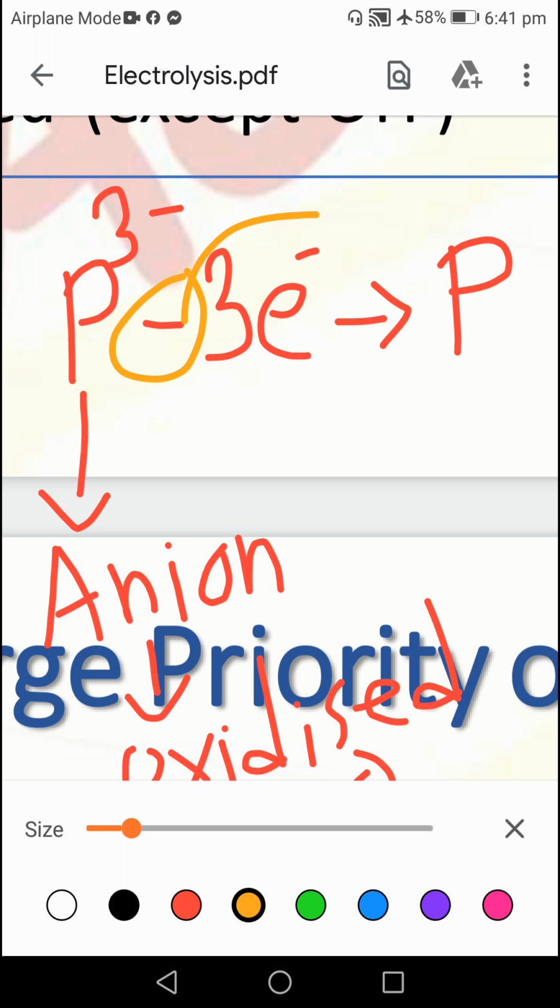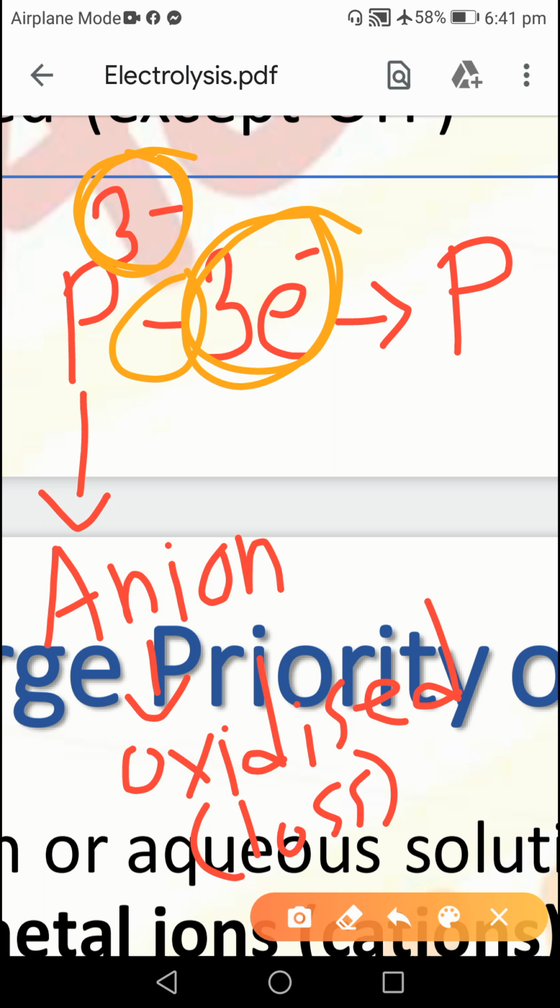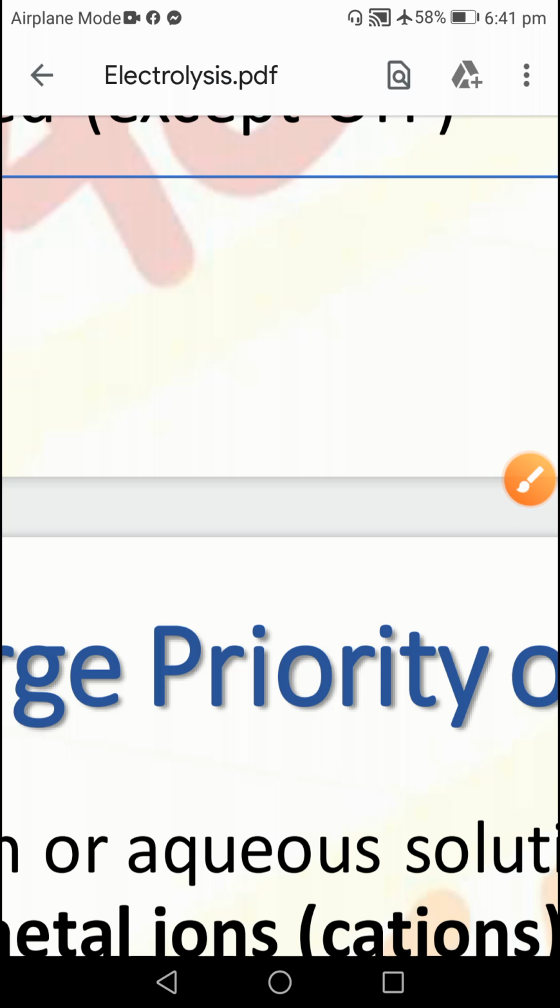Why 3? Because it has a charge of 3 here. The number of electrons lost or gained will be equal to the charge. Just remember that.